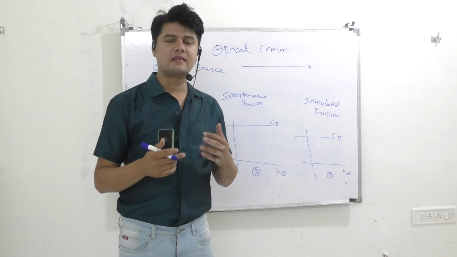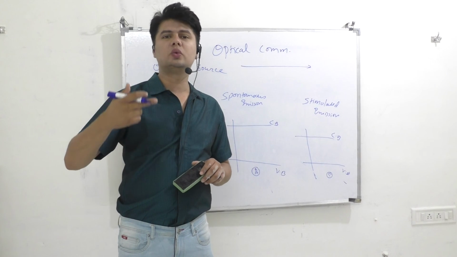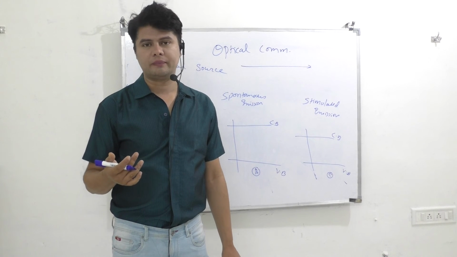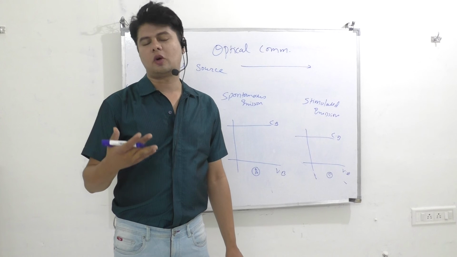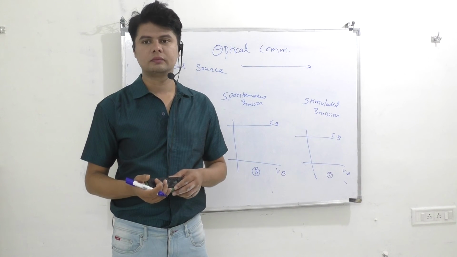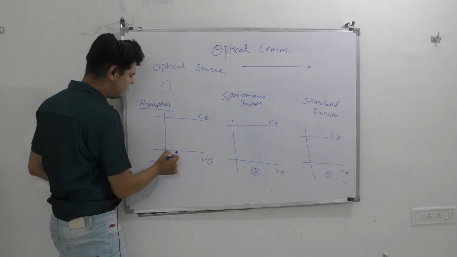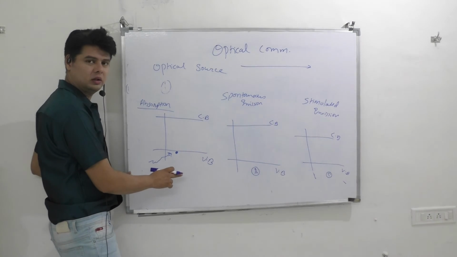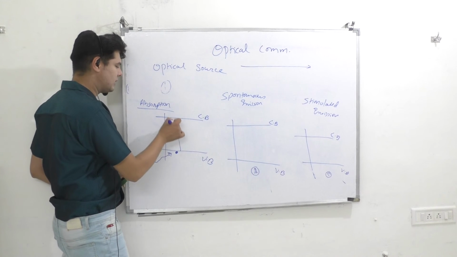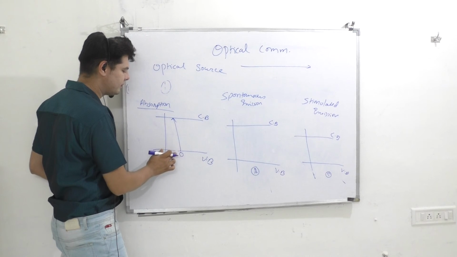If I provide energy to this electron by means of external energy, which may be photonic energy, current, voltage, or heat energy, the electron will move from the valence band to the conduction band, and it will create a hole in that place.